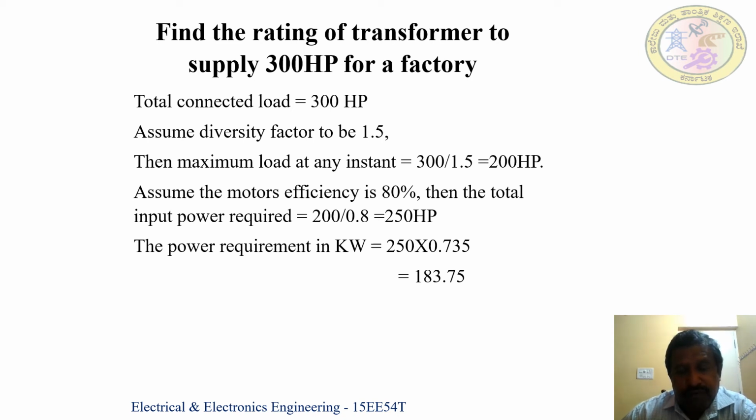That gives the value 250 HP. That is the total input power required. So if we consider the power requirement in kilowatt, then the 250 is multiplied by the factor 0.735. So that gives the value 183.75 in kilowatt.